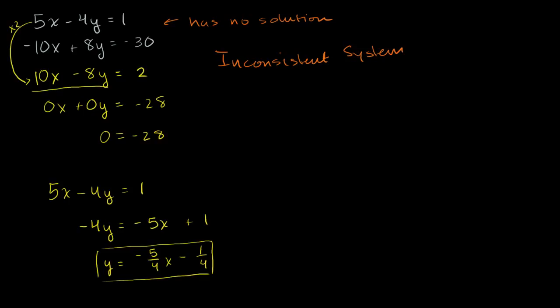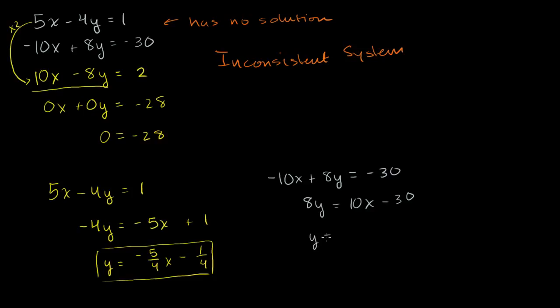Now let me write the second equation in slope-intercept form. We have negative 10x plus 8y is equal to negative 30. Let's add 10x to both sides. You get 8y is equal to 10x minus 30. And let's divide both sides by 8.